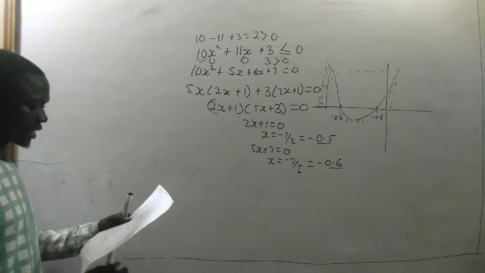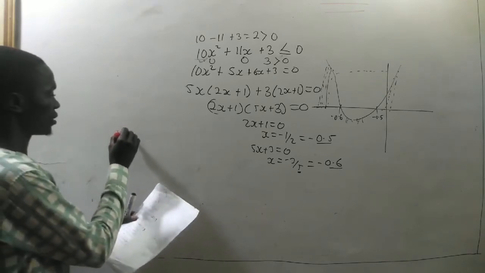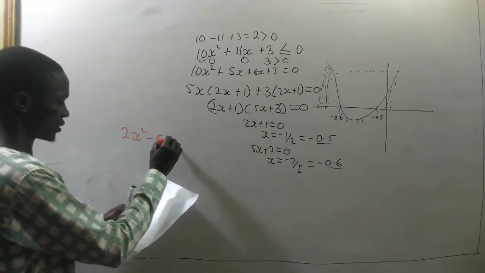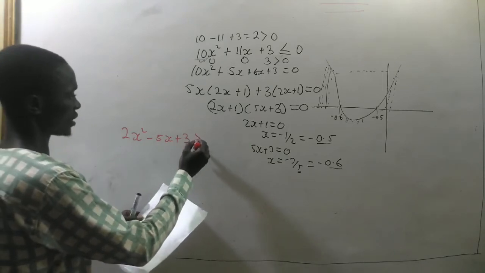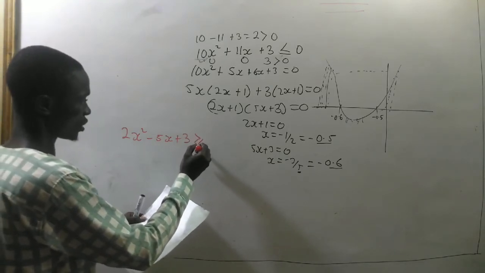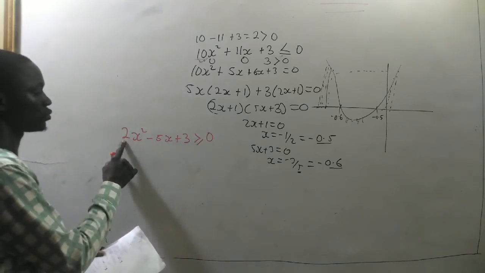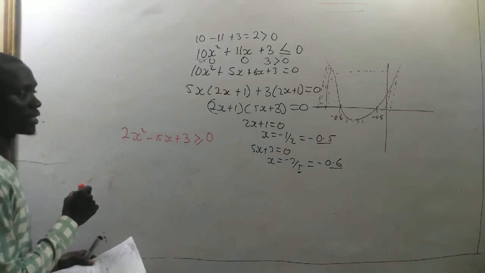Yes. Now let's take the last one. The last one is I have 2x squared minus 5x plus 3 is greater than or equal to 0. So 3 times 2 is 6, and minus 2 minus 3 is minus 5.